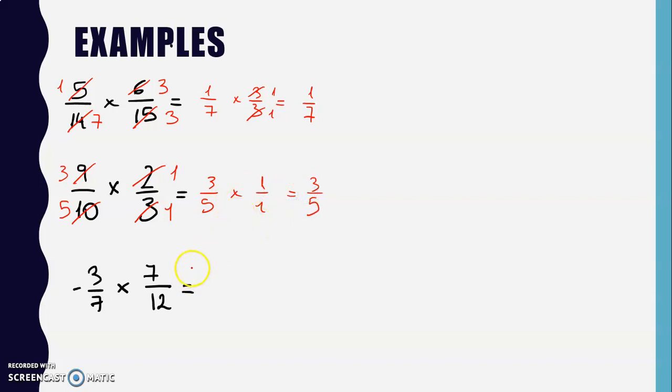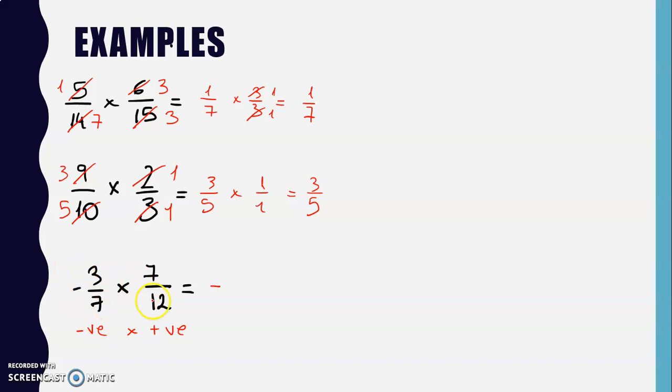Now over here we have a negative number times a positive number, so you'll have to think first, what answer will you get by multiplying a negative by a positive? And the answer is yes, a negative. Now that you've dealt with the sign, focus on the numbers.